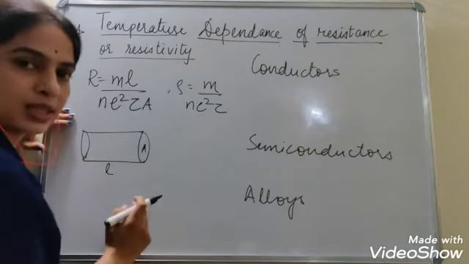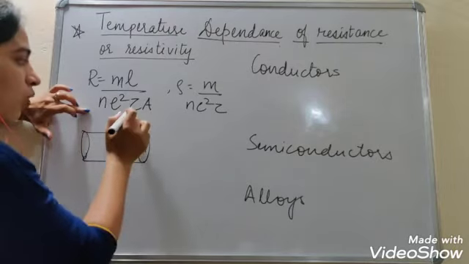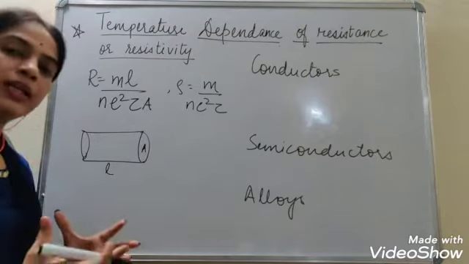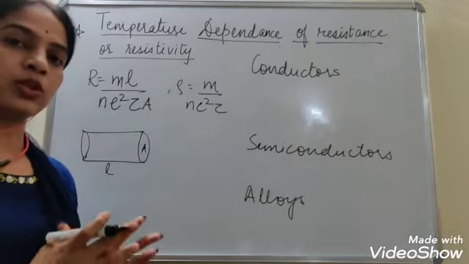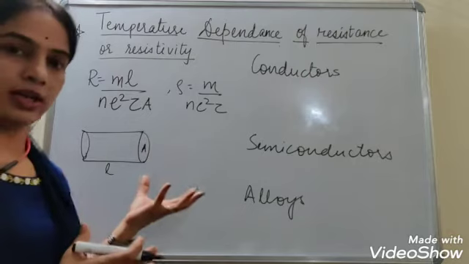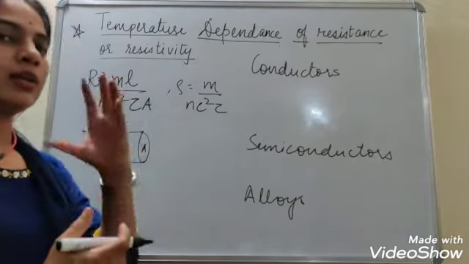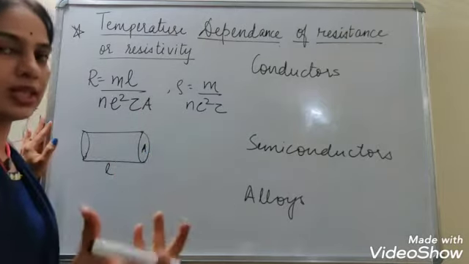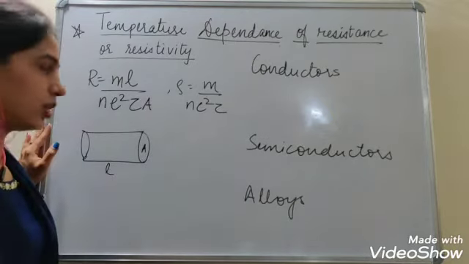If you increase the temperature, then τ will decrease. What is τ? τ is the relaxation time. Why will τ decrease? Because at room temperature, because of thermal energy, the free electrons in the conductor keep colliding. The relaxation time is the time between two successive collisions, and the average relaxation time is the relaxation time for all the charge carriers.